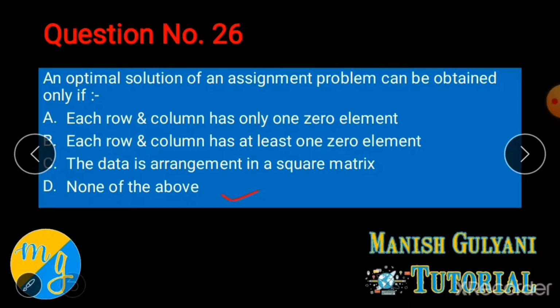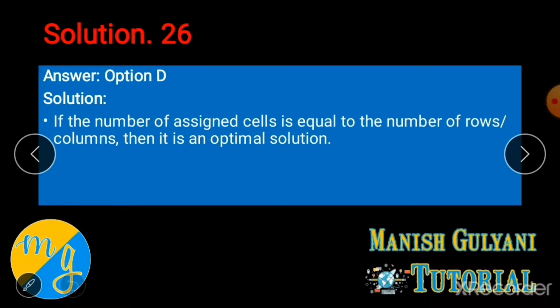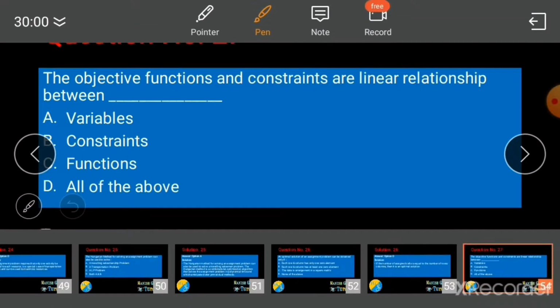So the answer is none of the above. Option D is your answer. Reason being, if the number of assignments is equal to the number of rows and columns, at that time you can say this is our optimal solution. So option D, none of the above, is the answer.